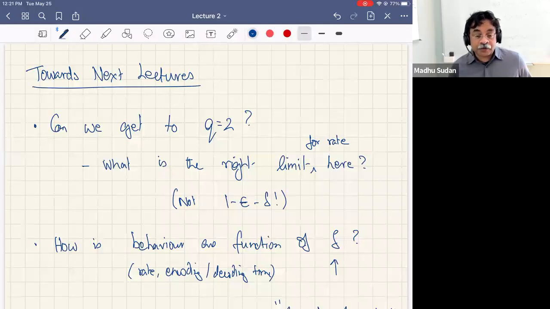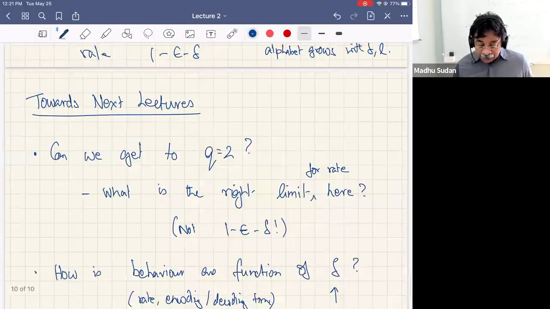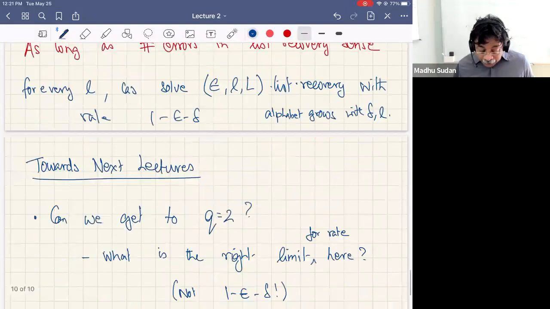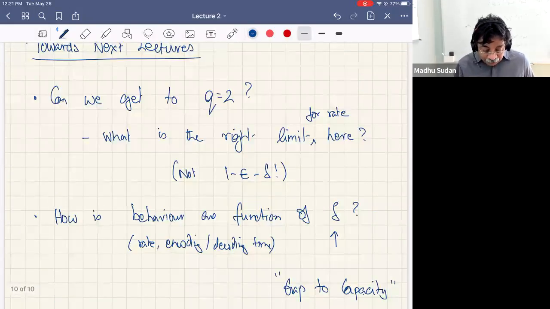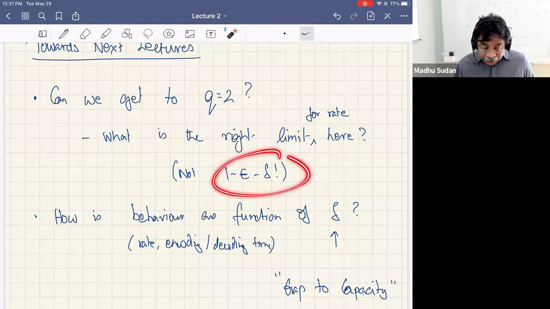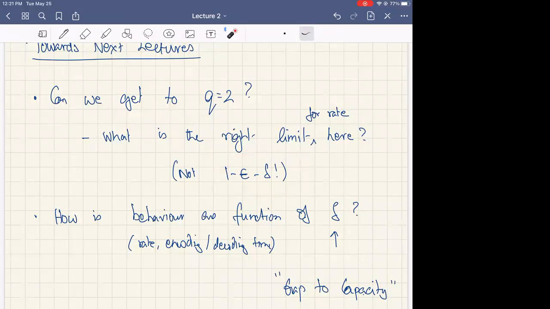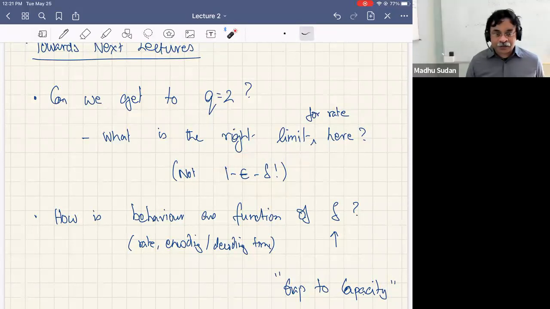Can you do the same thing with binary alphabet? You managed to reduce the alphabet to constants. Why not go to binary? Well, if you go to binary, you should realize that the correct answer is not 1 minus epsilon minus delta. That's not the rate that's achievable. With binary codes and error probability of 50-50, if an adversary is injecting errors, he looks at your sequence.